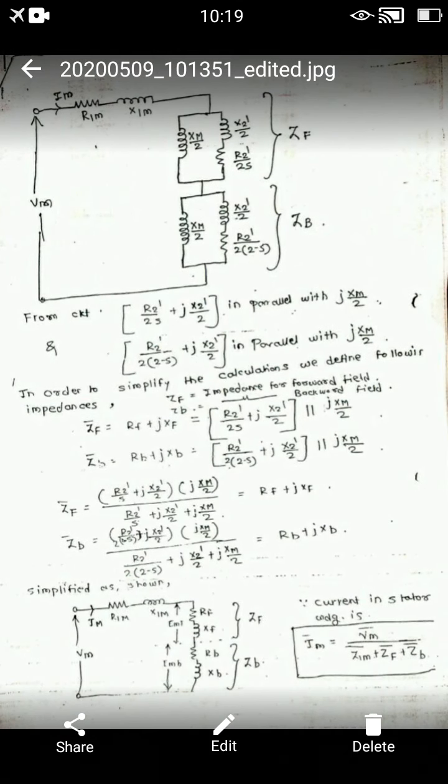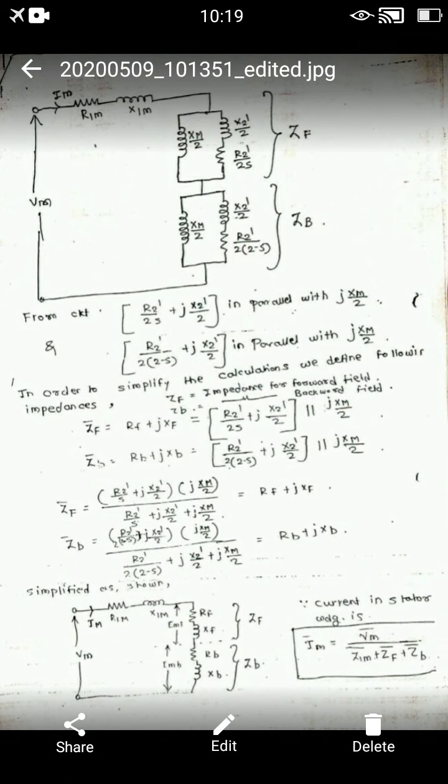So we simplify the above equivalent circuit with the help of these impedances. Vm is the applied voltage, Im is the current in the main winding, R1m is the resistance of the main winding, X1m is the reactance of the main winding, EMF is the EMF for the forward direction, and EMB is the EMF for the backward direction.